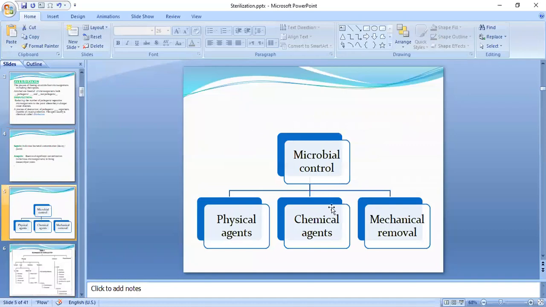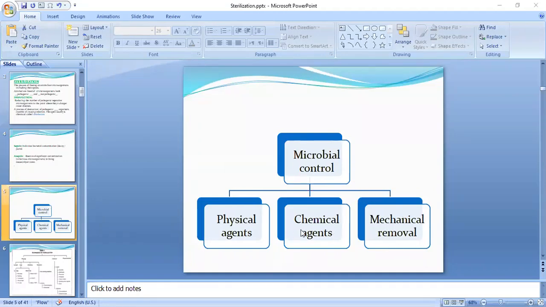Now, how are the microorganisms controlled? There are three methods by which we can control or inhibit their growth: physical agents, chemical agents, and mechanical removal.